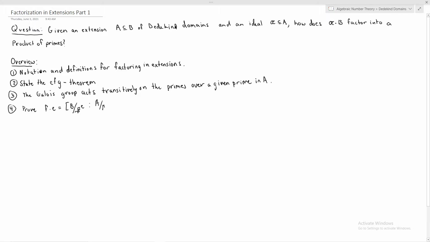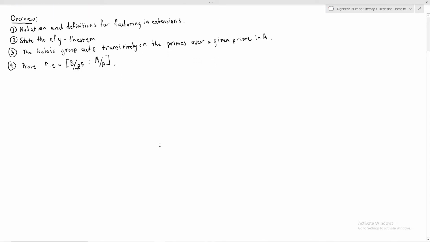Again, I'll clarify this notation. But this lemma will be important in the proof of the EFG theorem. And this F is going to be something called the residue degree, and E is going to be called the ramification degree, and it appears here as well. Okay. So first, let's go ahead and get started with some notation.